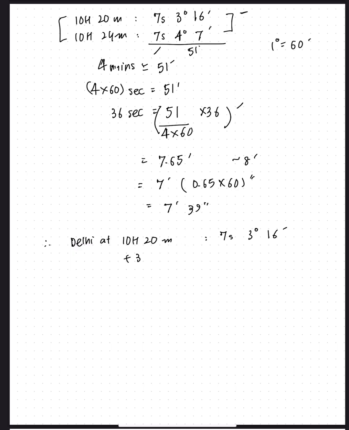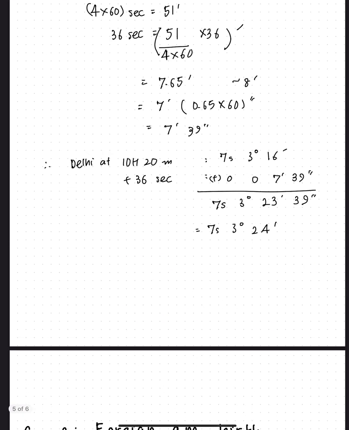Now we'll have to add 36 seconds to find the exact ascendant for our sidereal time at birth, which is plus 0, 0, 7 minutes and 39 seconds. If we just add the two, we'll get 7 signs, 3 degrees, 23 minutes, 39 seconds. Again, some people would want to round it off to 7 signs, 3 degrees and 24 minutes.